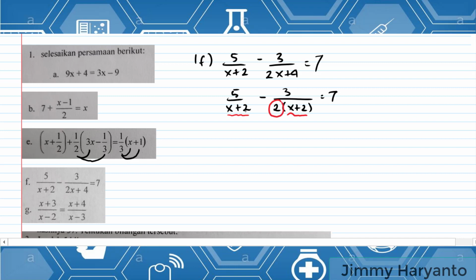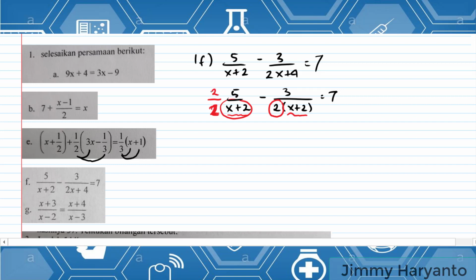This one doesn't have 2, right? If x plus 2 has 2, the denominator will become the same, so we have to put 2 right here, but we cannot put 2 only at the denominator. We also have to put 2 at the numerator.